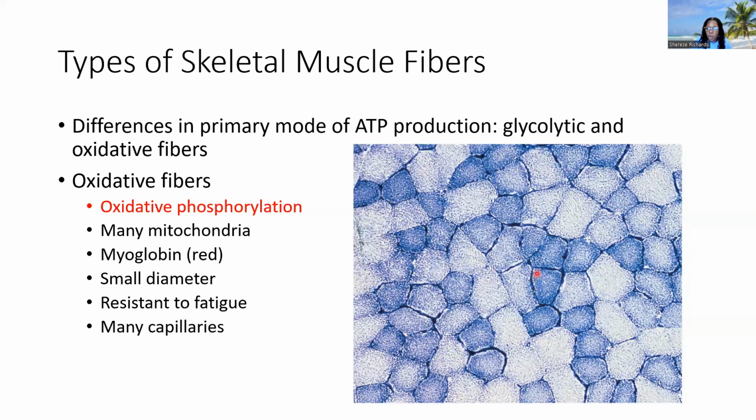So we need to shorten the diffusion barrier across which that oxygen has to move in order to get into the muscle. And then lastly, they're going to be resistant to fatigue because they do not have the lactic acid buildup. It's going to be more sustainable. There's going to be more oxygen coming in, and so we're going to be able to sustain contractions for longer periods of time and keep those contractions going.